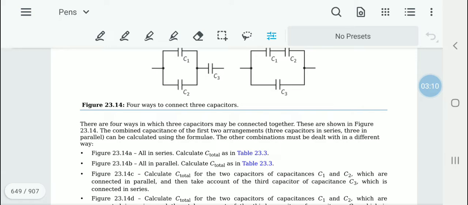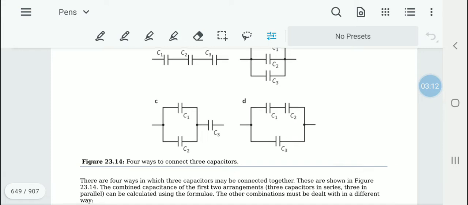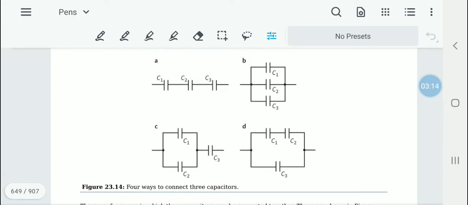So in figure 20.14a, it is simply 1 upon C total equals 1 upon C1 plus 1 upon C2 plus 1 upon C3. For B, it is C1 plus C2 plus C3. I suppose you understood that.